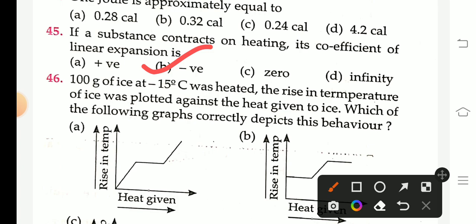Next, 100 gram of ice at minus 15 degrees Celsius was heated. The rise in temperature of ice was plotted against the heat given to ice.